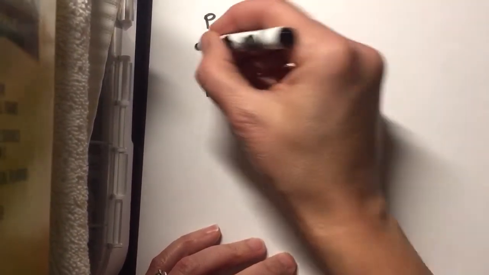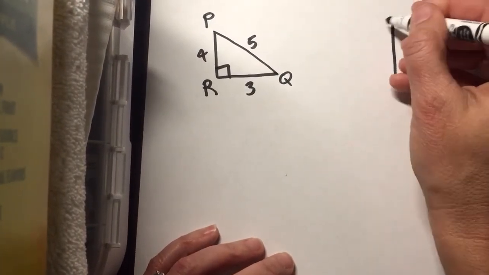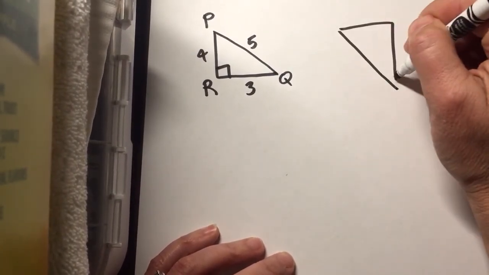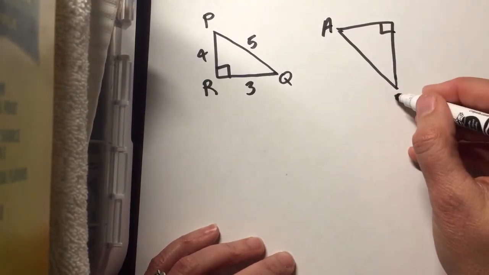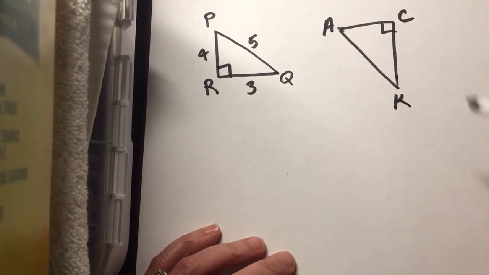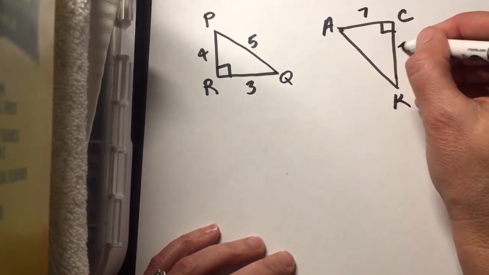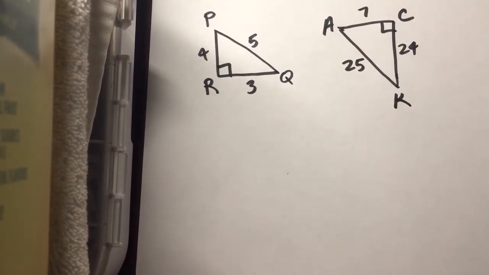And I'll make this a 3, 4, 5. Okay. And then I'll make this triangle here AKC. And we'll make this a 7, 24, 25. Notice what I'm doing. I'm using some of the Pythagorean triples.